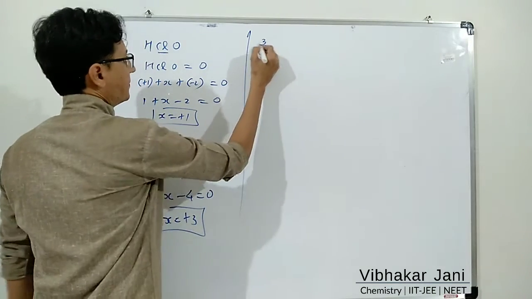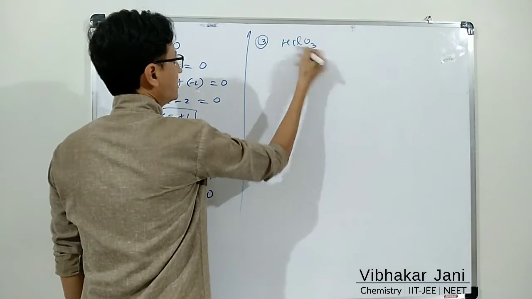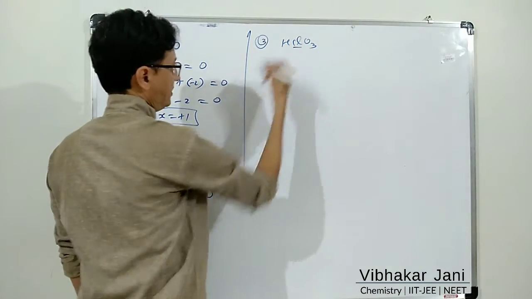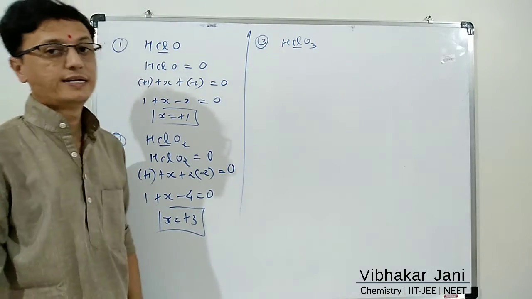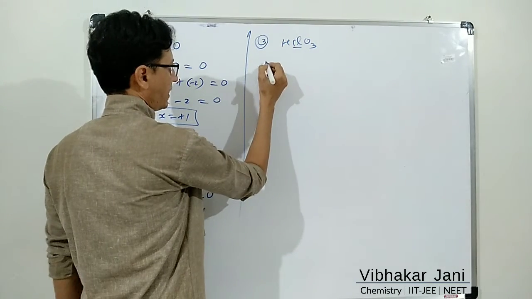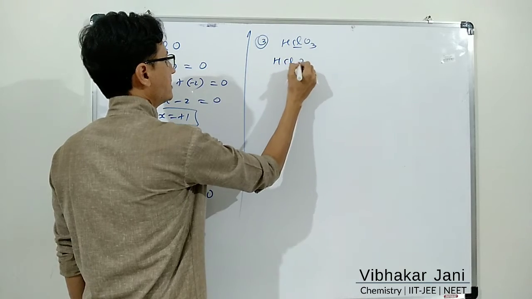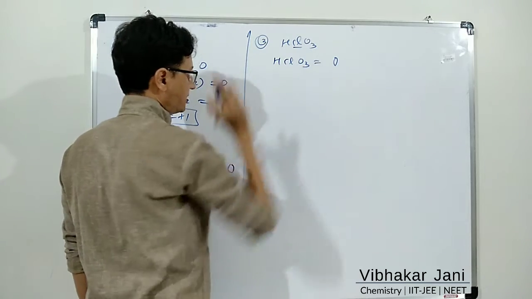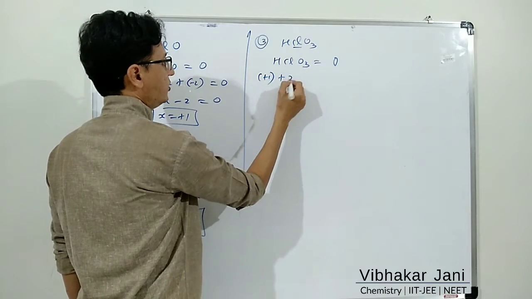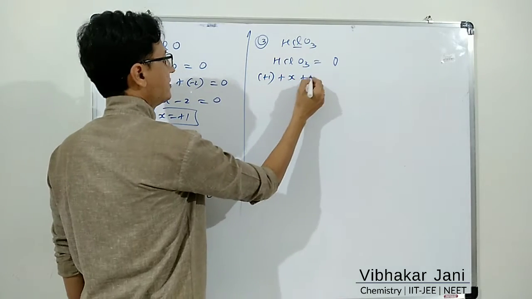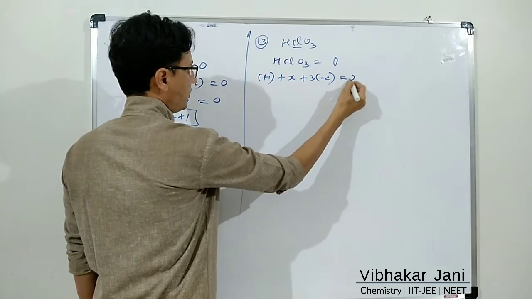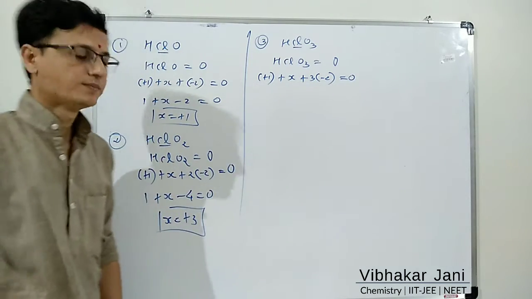Third example, HClO3. Now, if we are asked to find the oxidation number of chlorine in HClO3, then what will happen? Again, we will write HClO3 is equal to 0 as it is a neutral molecule, and +1 for hydrogen plus for chlorine we will put X, and 3 multiplied by the oxidation state of oxygen, that is -2, equal to 0.